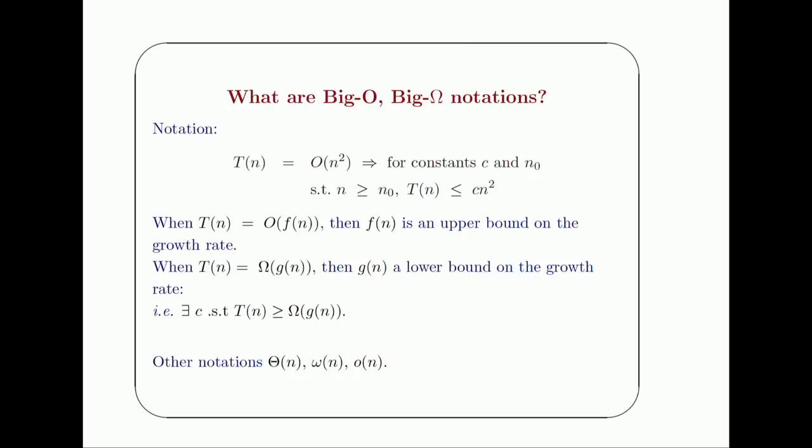What it is basically telling us is that if I write T of n is equal to order of f of n, then f of n is an upper bound on the growth rate. So, how do we define this?